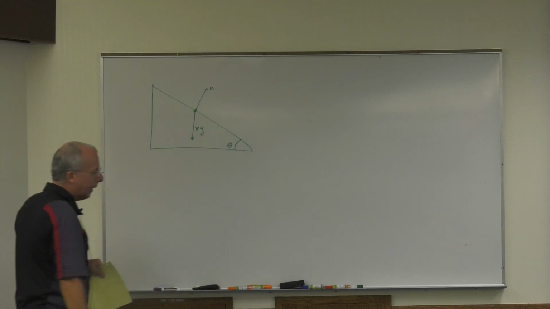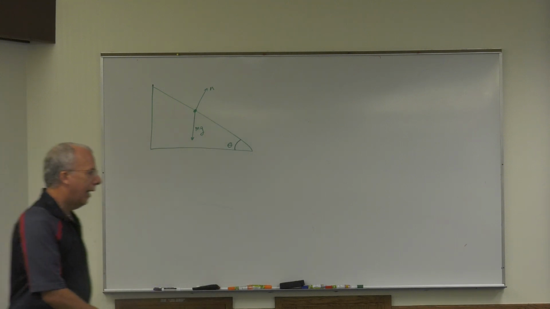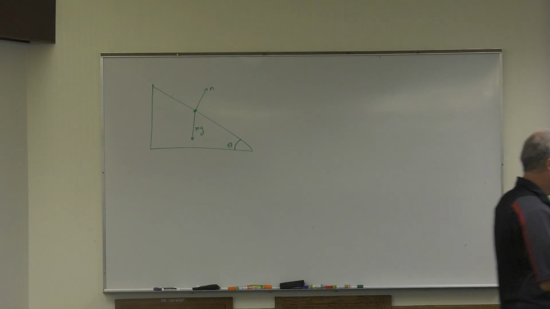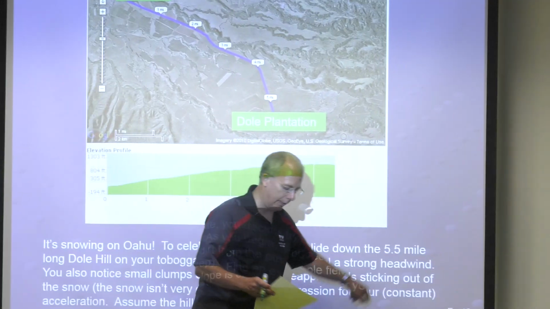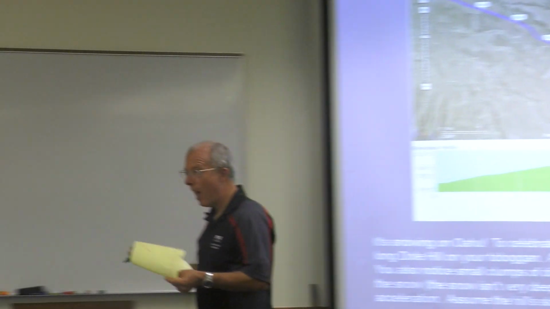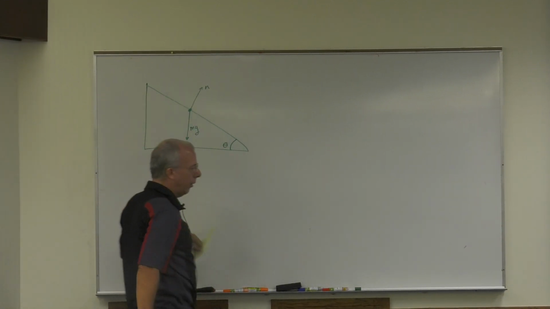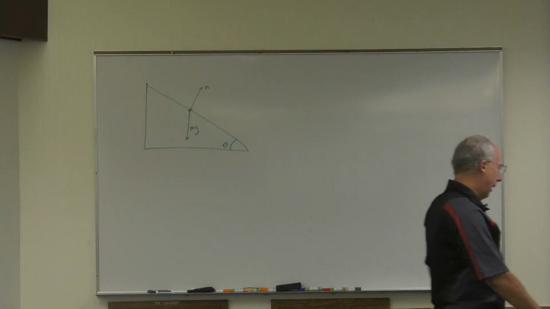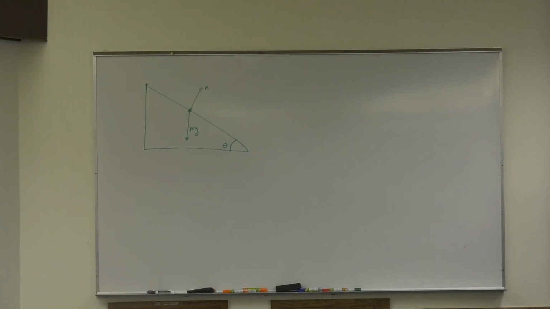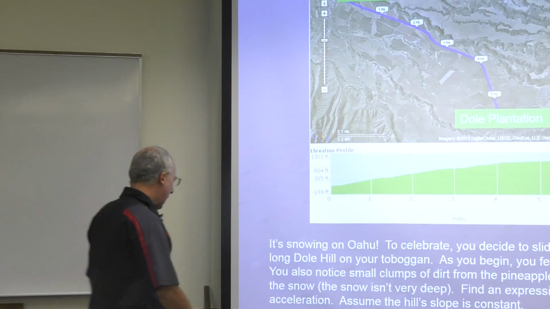Now, look what I said here, though. You feel a strong headwind. That's drag, right? So there's drag going this way. And what else? It says you also notice small clumps of dirt sticking out of the snow.